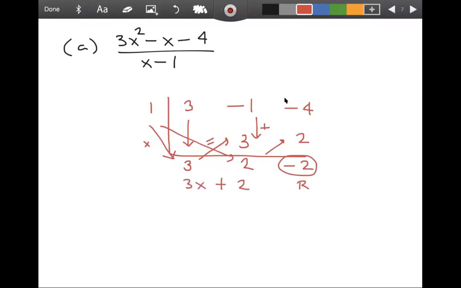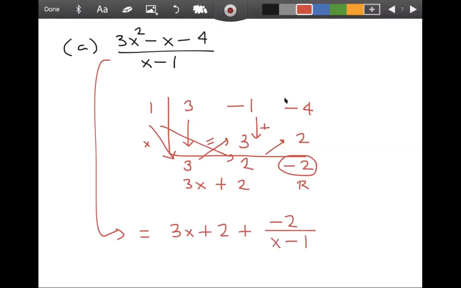So this means that the answer to this division problem is 3x plus 2 plus -2 over the divisor, which is x minus 1. So hopefully you have just been watching and not writing. So now please feel free to take all the notes you want. And when you're ready, we will go on to the next example.